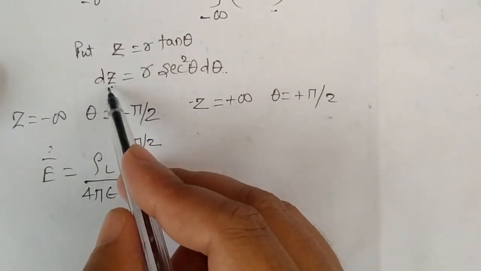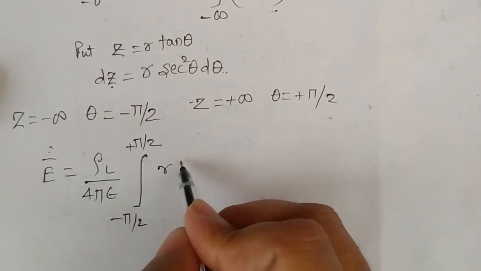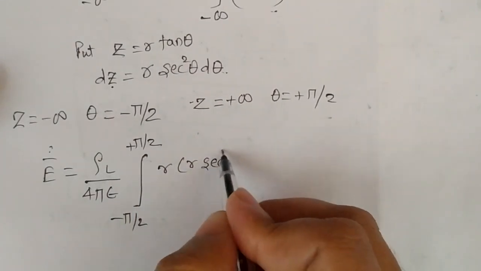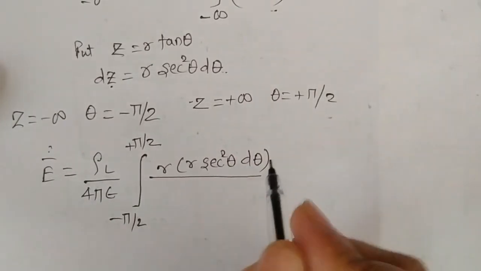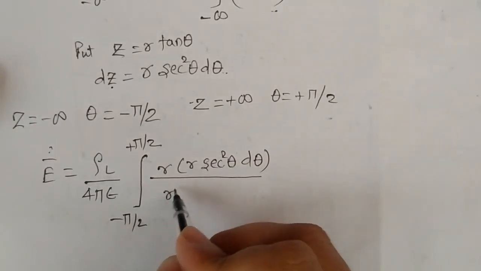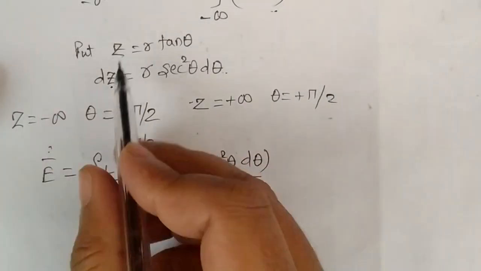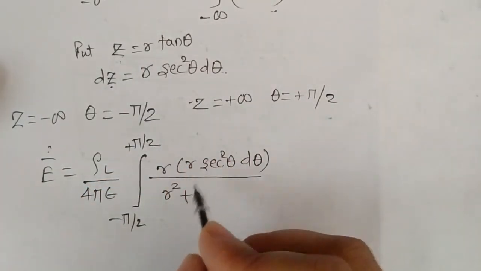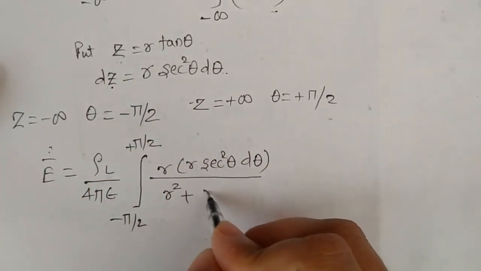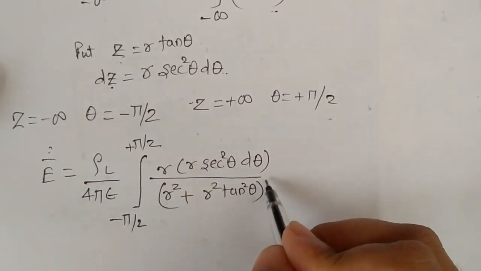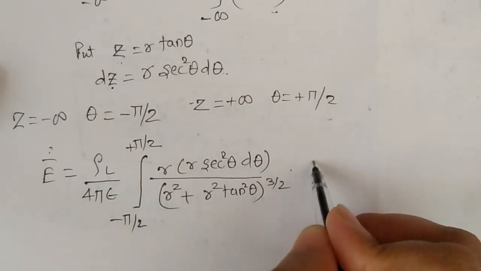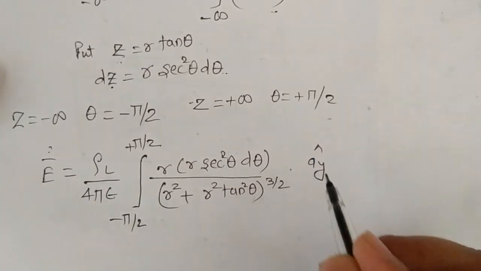So dz will be r sec square theta d theta, divided by r square plus z square. So z square will be r square tan square theta, raised to the power of 3 by 2, into a_z cap.